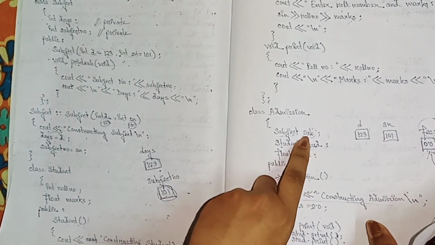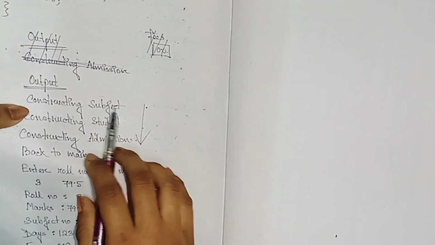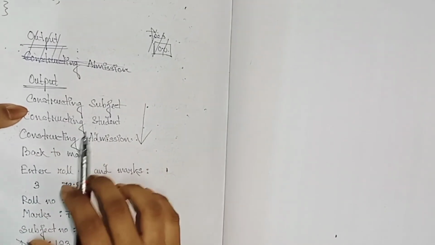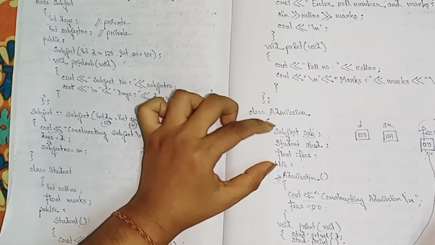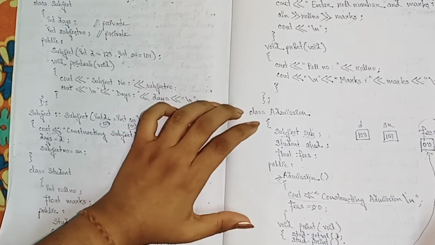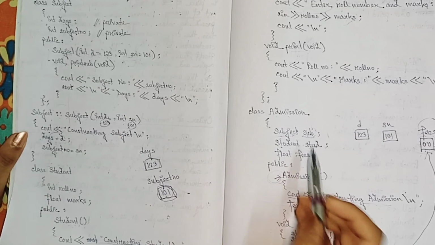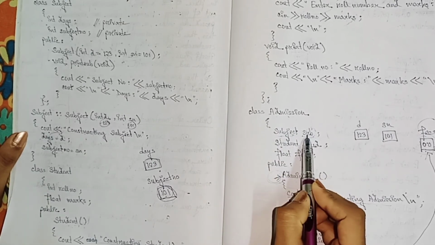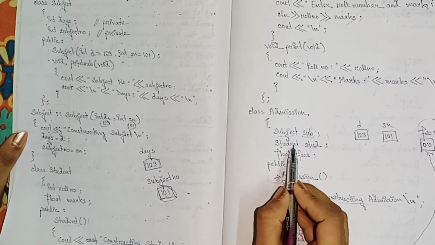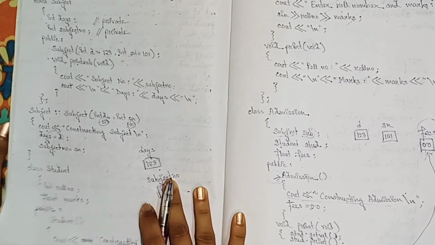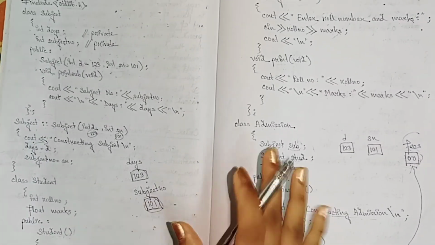First you can give student, then it will construct the student constructor first and then the subject constructor, because it depends upon the user, which constructor the user wants to invoke first. So here, since the subject is defined first, the subject will be invoked first, then student, and then the admission constructor will be invoked. So it depends upon the user.